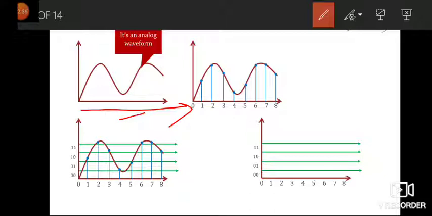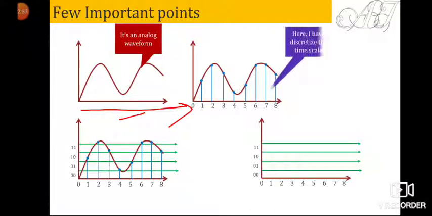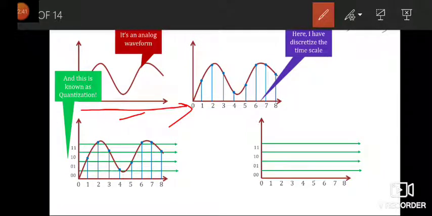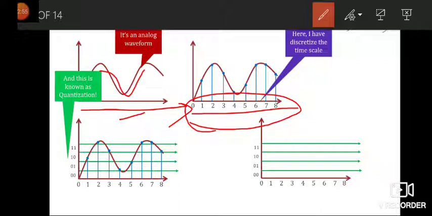In the next graph, this is representing your discrete signal. Here I have discretized the time scale. So rather than having the value of this signal at every instance of time, I have chosen certain levels and I will choose samples at these levels only.